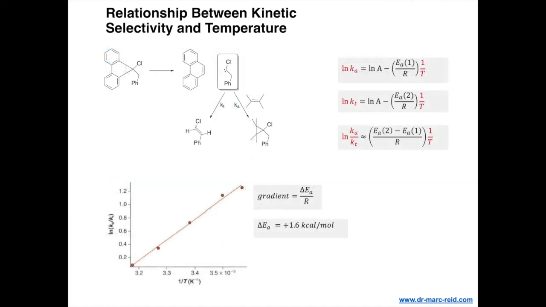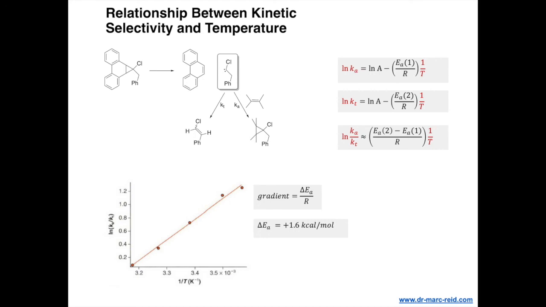We can draw out a simpler example of using temperature to study kinetic selectivities by using the Arrhenius relationship. On the top left of this slide, a cyclopropane is observed to decay to the carbene shown in the box. This carbene then degrades further via two competing processes. K subscript T is via hydride transfer, and K subscript A is via addition across an alkene.